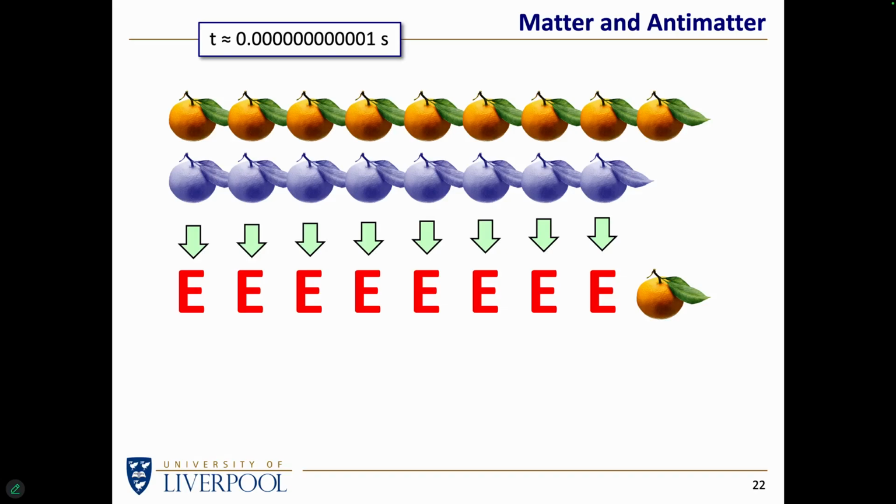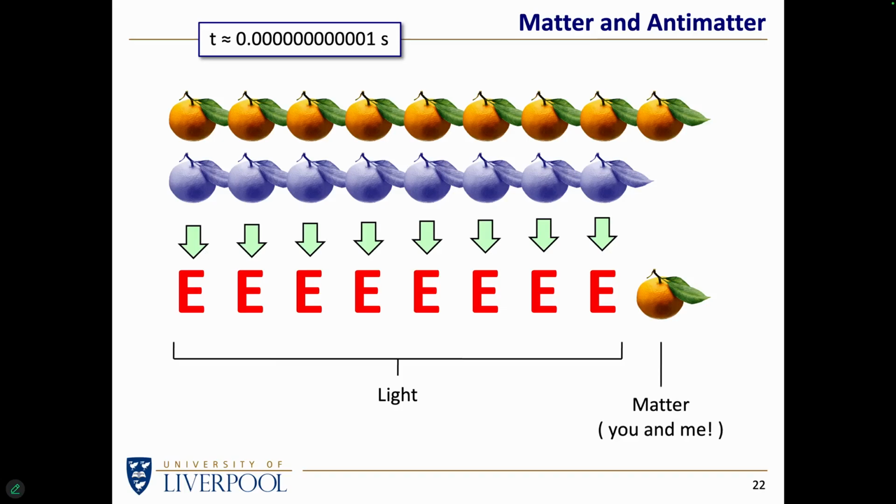So we end up with a universe which is full of radiation, or light if you prefer, and a tiny, tiny amount of matter. But that matter is everything that we can see. Every star in every galaxy, every atom of gas, every atom of dust in the universe is that tiny bit of matter that's left over on the right-hand side, including, of course, you and me and the Earth and the Sun and the Milky Way galaxy.